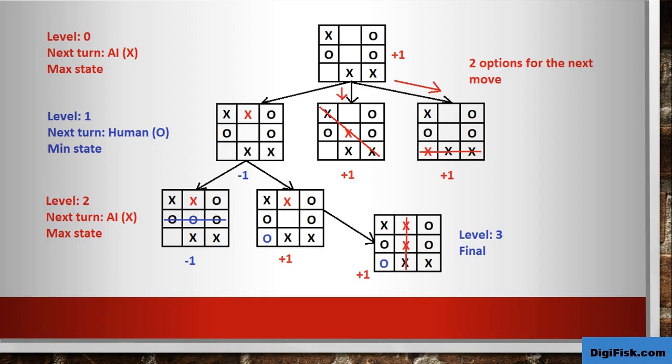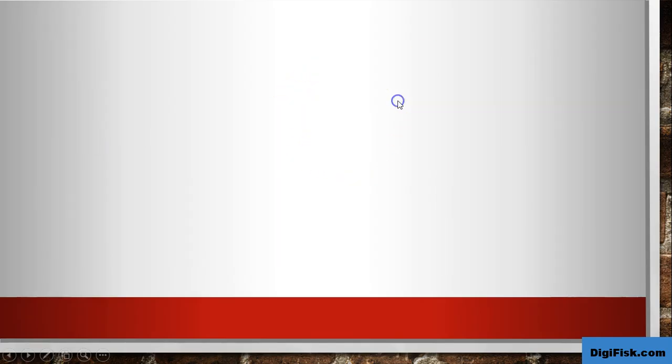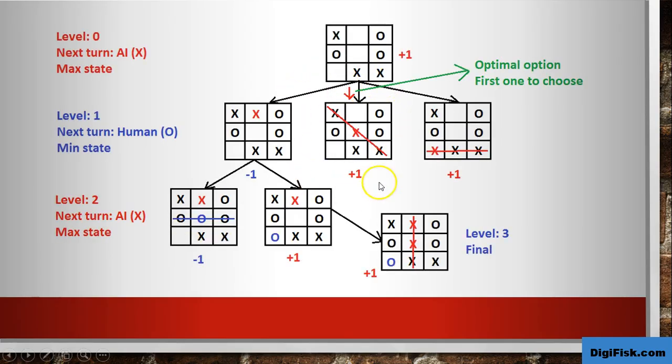So now that becomes the optimal option, because when there are two options that are going to produce the same result, our AI needs a rule where it has to choose the best option. So automatically it's going to choose the first in the list. So the first in the list is this one. And so this particular move is going to become the optimal move of the AI. So that's how our MiniMax algorithm works for a Tic Tac Toe game.